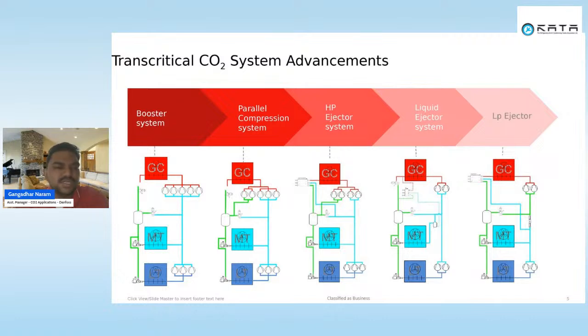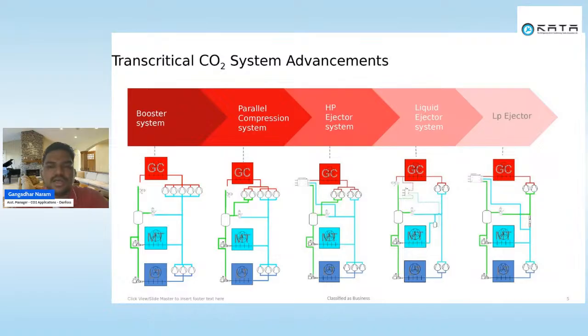So this is a booster system. Similarly, there are a parallel compression system, an HP ejector system, a liquid ejector system, and an LP ejector system. So there are multiple system configurations possible with CO2, where all these systems enhance the COP and efficiency of the system.